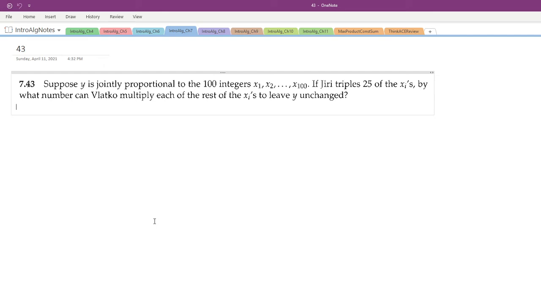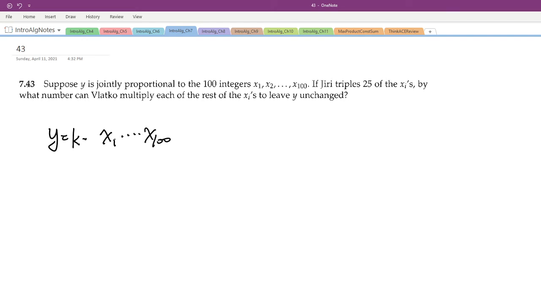Next. Suppose y is jointly proportional to the 100 integers. Joint proportional means y equals k times x1 times up to x100.